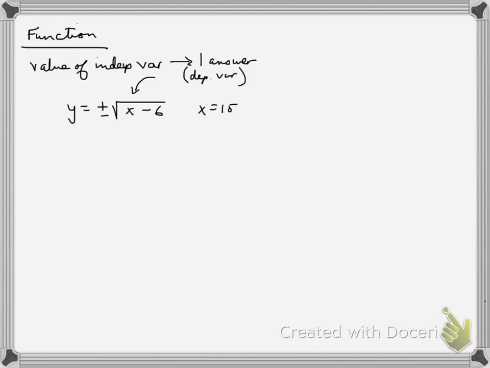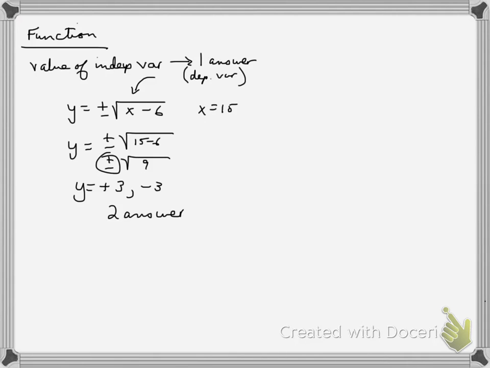Then if I plug that in, I get 15 minus 6, or 9. And my answers will be what? What times what equals 9? 3. But I have a plus or minus, so y can equal plus 3 or minus 3 because of this. Okay, so this is 2 answers. So this is an equation, but not a function.